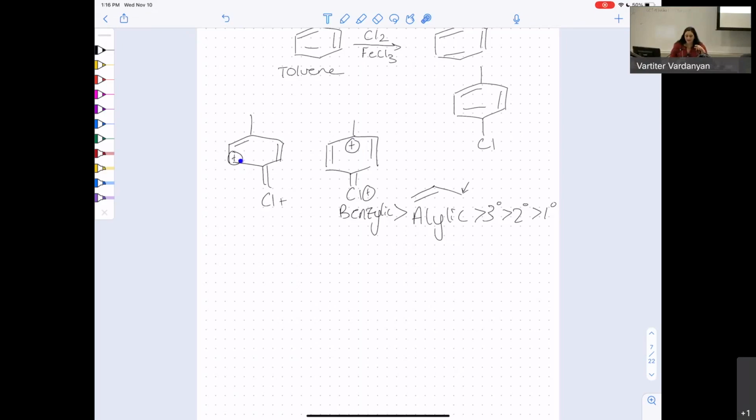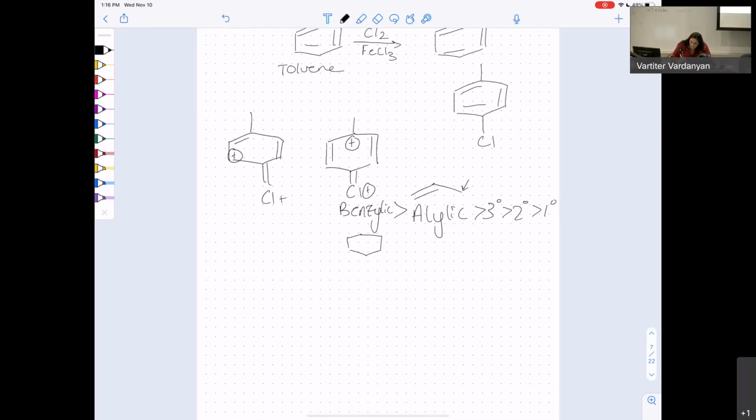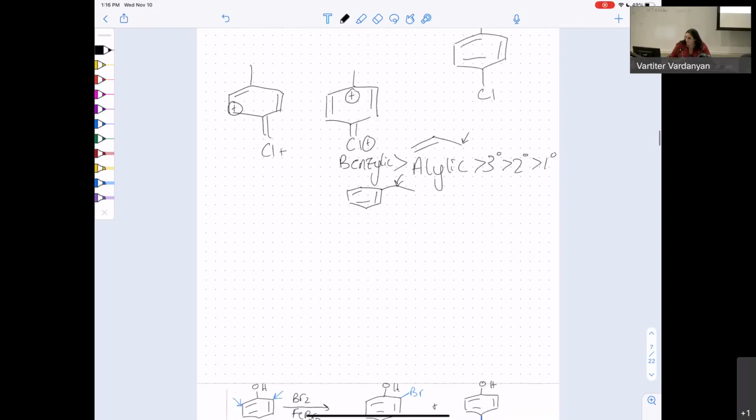No, but this one isn't benzylic because you need all 3 double bonds in the benzene ring. So like this is what benzylic would look like. And I know you can't see it, but I'll move it over. So benzylic would have to be like a whole benzene ring and then the carbon next to it. Yes.